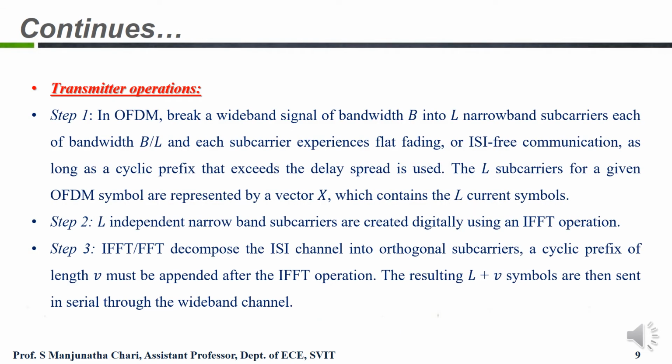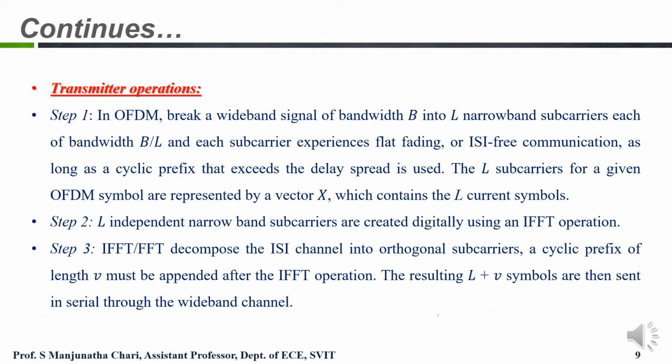First we will see the transmitter operation. In OFDM, the wideband signal of bandwidth B is sliced into L narrowband subcarriers, each of bandwidth B divided by L, and each subcarrier will experience flat fading or ISI-free communication by implementing the cyclic prefix so that it covers the delay spread.